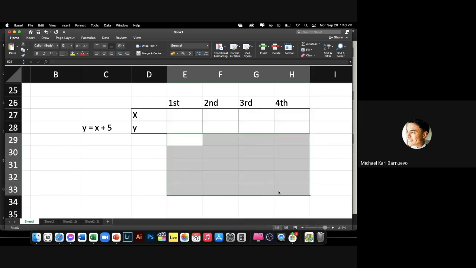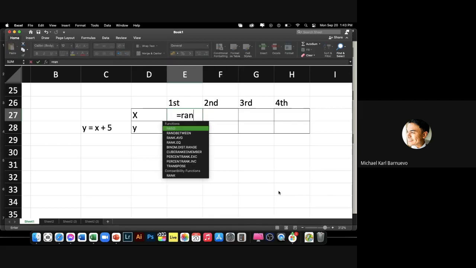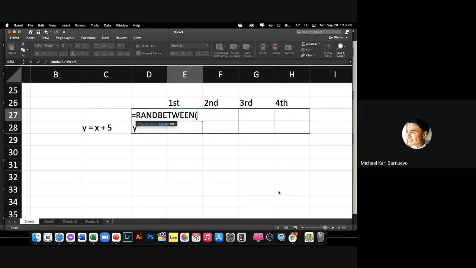Let's see kung tama ba yung sinabi ni sir. Let's say that the x is, maglagay tayo random between 1 to 10. When I say random, mag-generate siya ng random ng numbers 1 to 10.